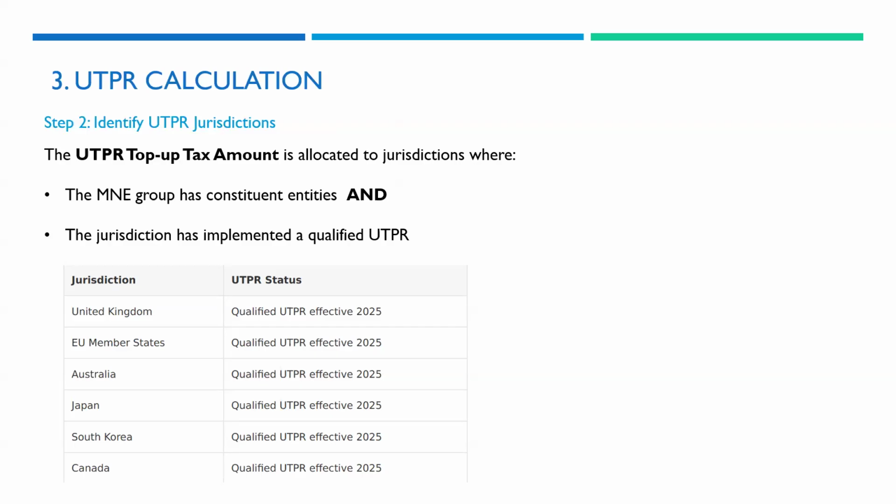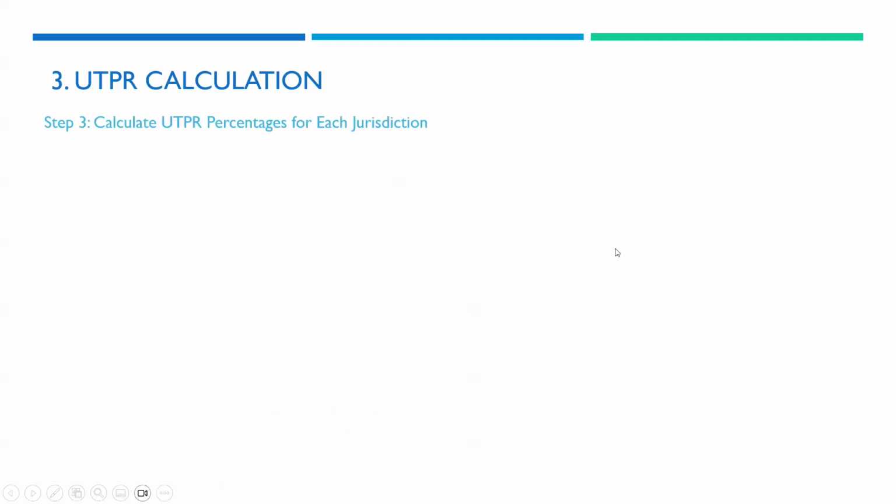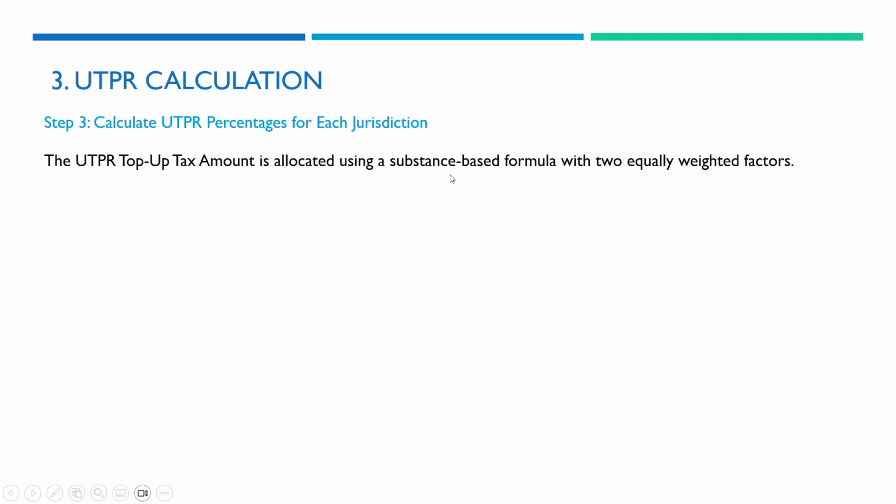Now, how would these constituent entities in other jurisdictions, which have a qualified UTPR status, pay this amount? What is the proportion of residual taxes that they will pay? So you have to calculate UTPR percentages for each jurisdiction. How is it calculated? It uses a substance-based formula which equally weighs two factors.